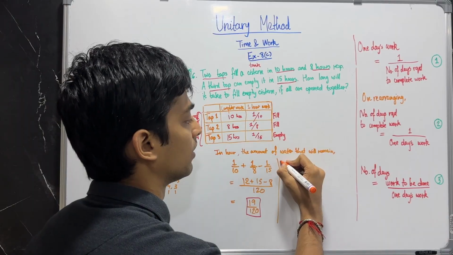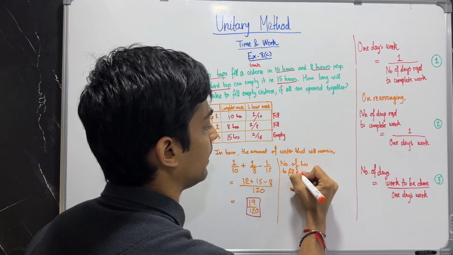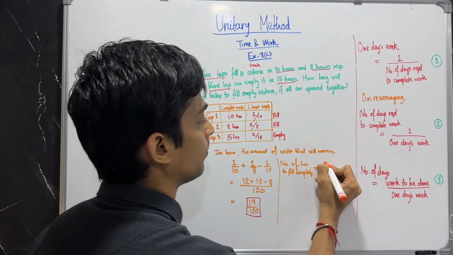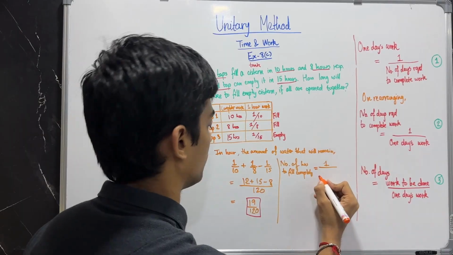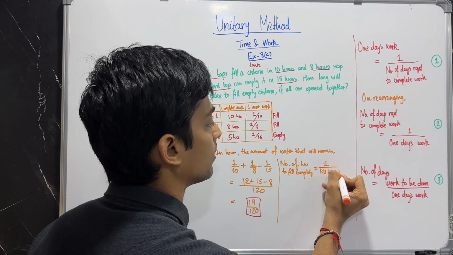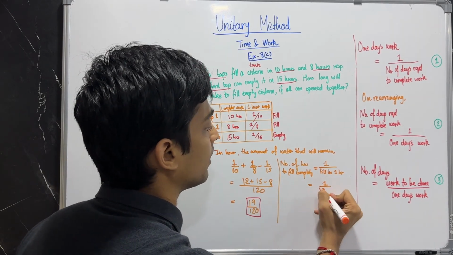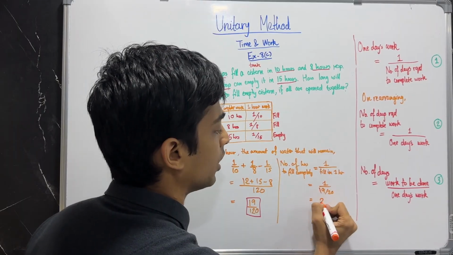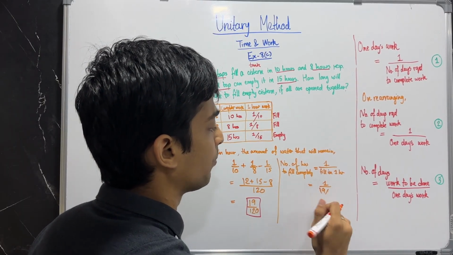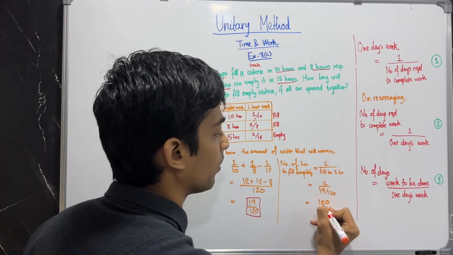So we can write number of hours to fill completely is equal to 1 upon the work filled in 1 hour, which is 1 upon 19 upon 120, which will be 120 upon 19.